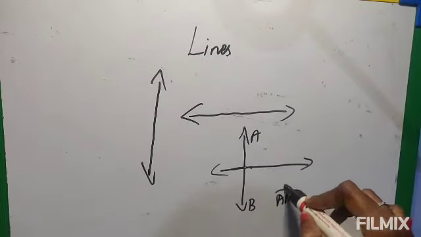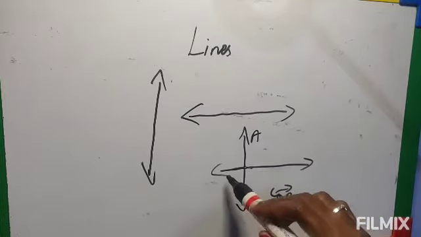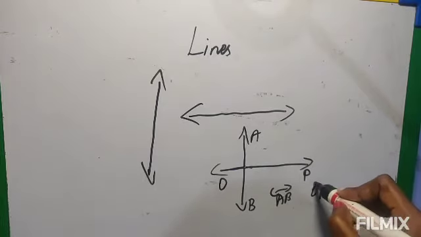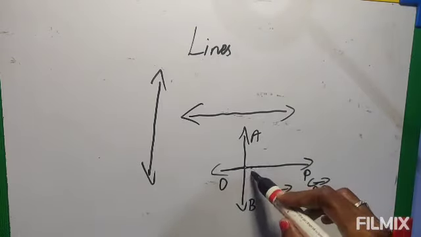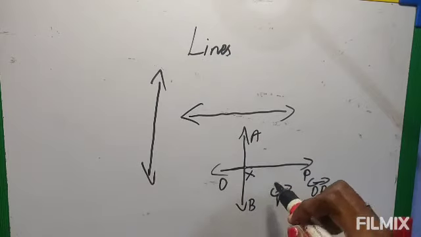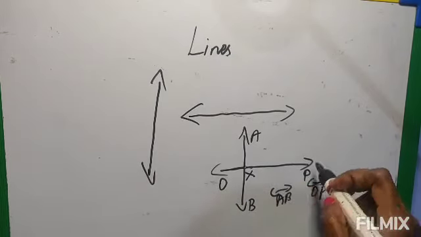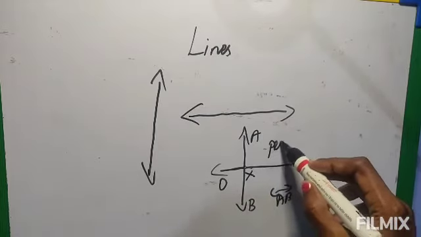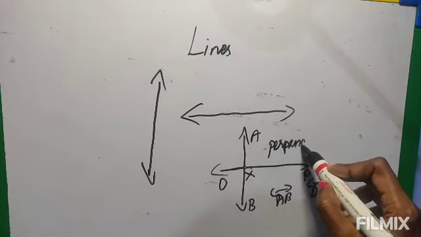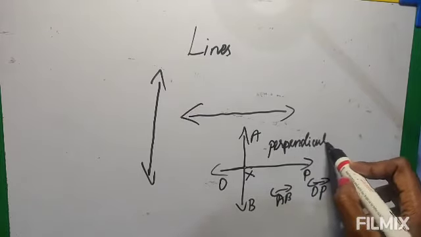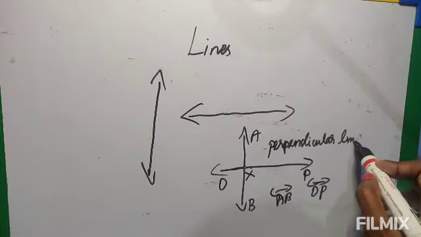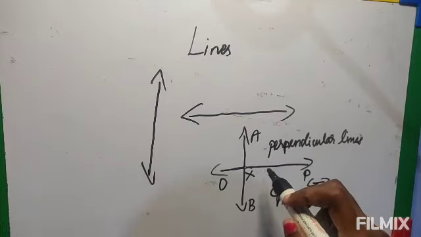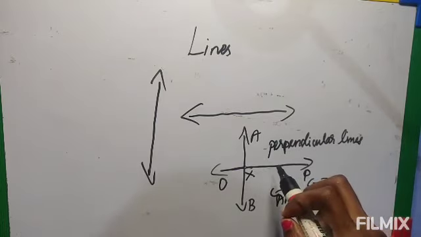AB is a vertical line, and OP is a horizontal line. These two lines are meeting each other at point X. So these two lines are called perpendicular lines, okay. We say perpendicular. Perpendicular lines. If one horizontal line and one vertical line meet each other at one point, they are called perpendicular lines, okay.